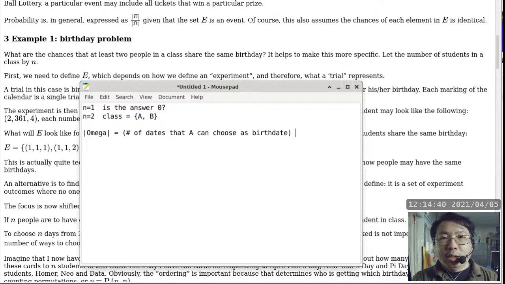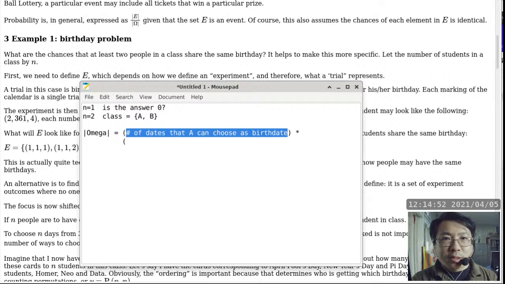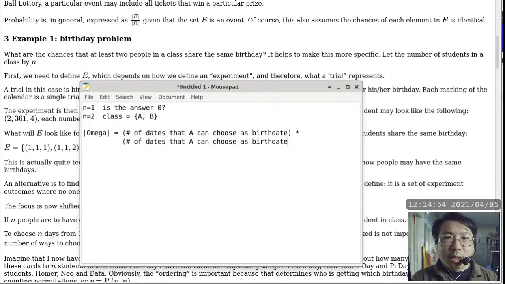Because B can use exactly the same number of dates as well, it's pretty much the same thing. Then you go, but the question specifically asks about A and B having exactly the same birth date. Yes, I know that is the event that we are talking about.